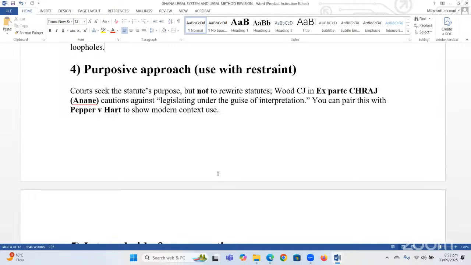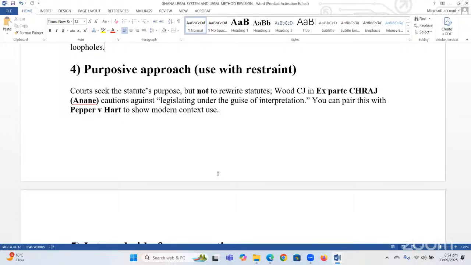But the purposive approach is a bit like a slippery slope. If you are not careful, you end up making law yourself. And that is why it is used with restraint. If you look at the case of Pepper and Hart, for example, it predated our Interpretation Act of 2009, which says that in order to understand the purpose for which the legislation was made, it will be useful, if necessary, for the court to look at the legislative history of that particular legislation.